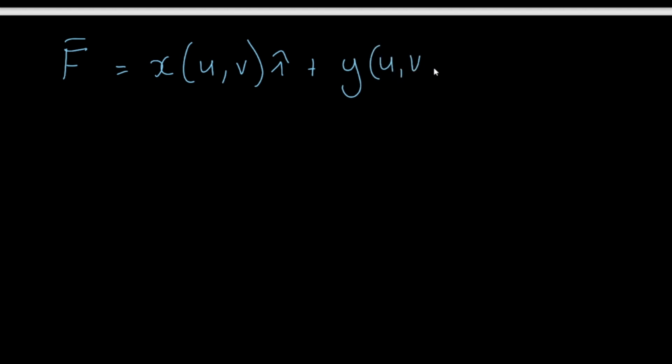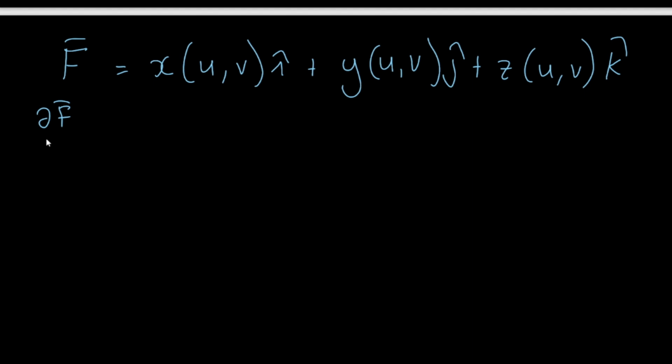So lastly, if we have a vector F made up of components that are functions of more than one variable, so x could be a function of u and v, y is also a function of u and v, and z is a function of u and v, we can just take partial derivatives.